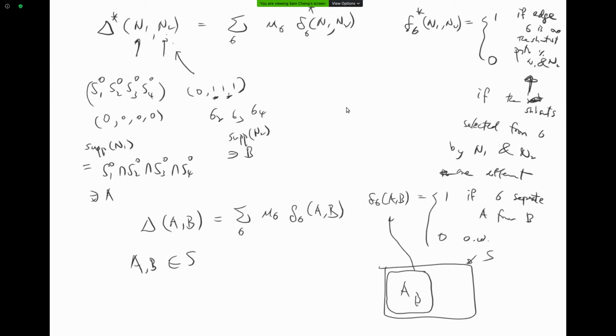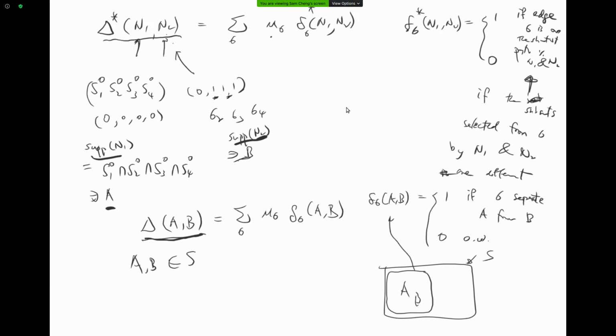Now if I define the distance between two elements this way, then it's quite easy to verify that if A is in the support of M1 and B is in the support of M2, then delta star M1 M2 is exactly equal to delta AB. Think of it as the sum over this mu sigma.